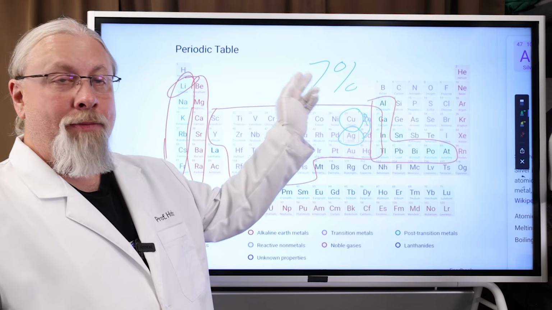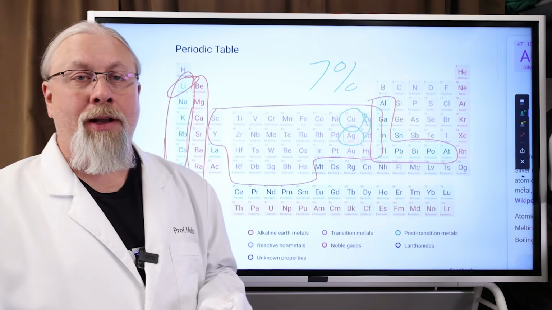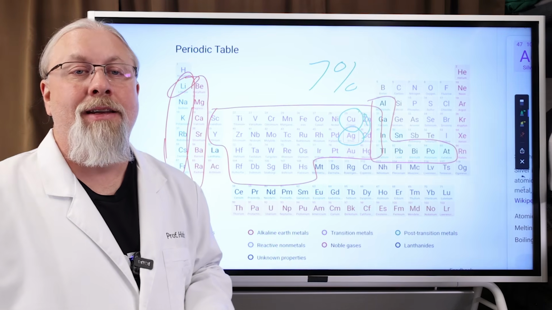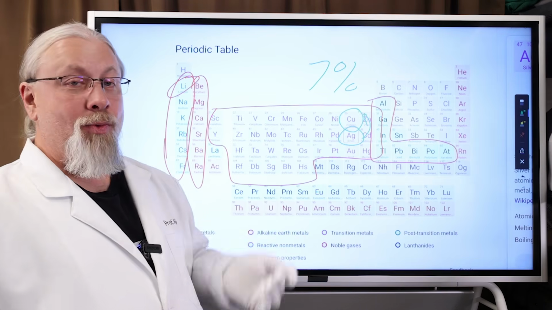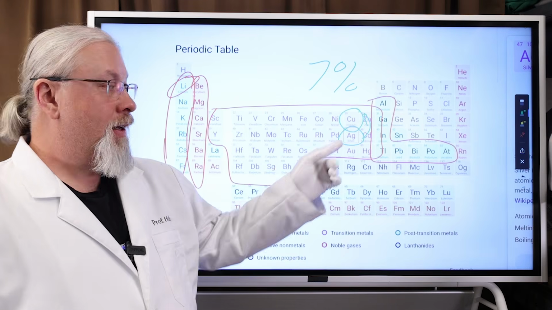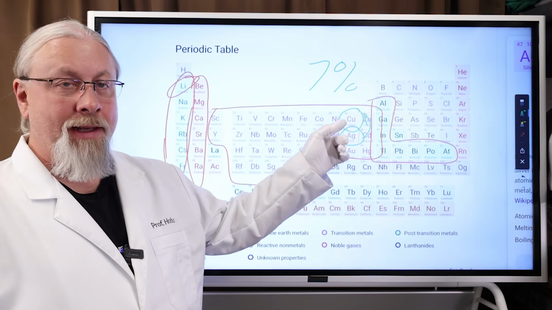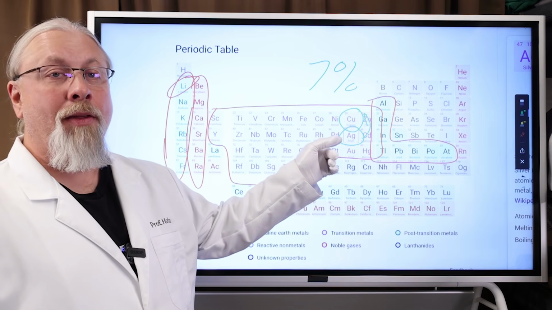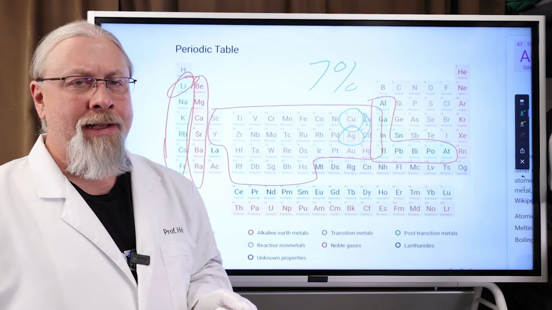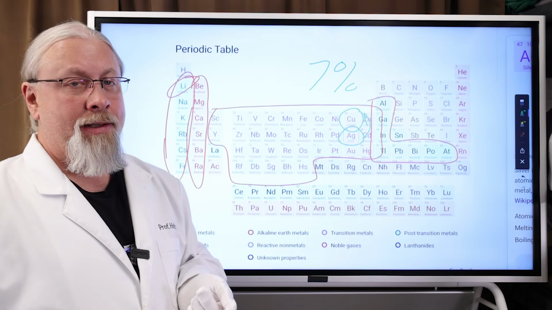Silver being 7% better at conducting, you're probably wondering, why don't we just make cables out of silver? Well, that's pretty obvious, because silver is way more expensive than copper. In fact, as of the filming of this video, copper is about 25 cents an ounce, where silver is about $30 an ounce.